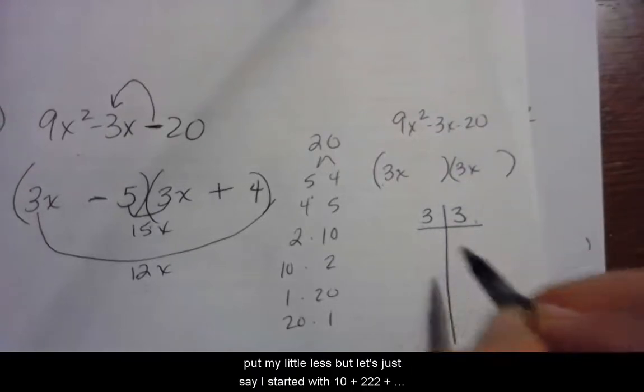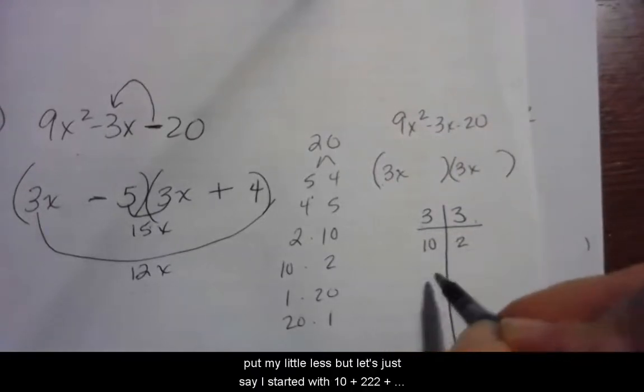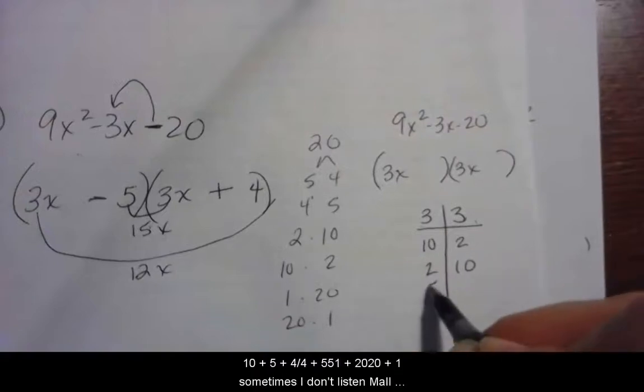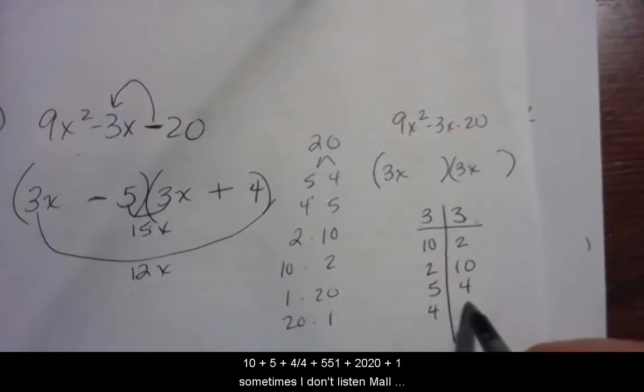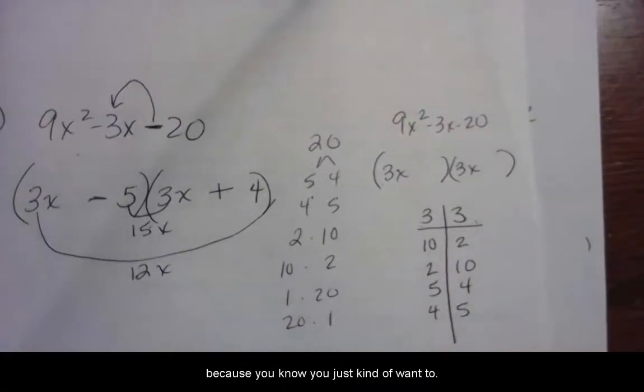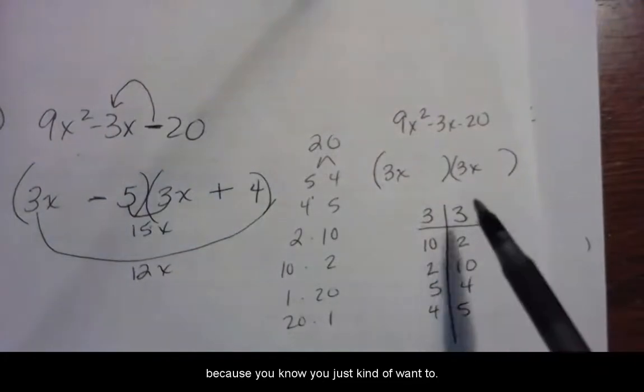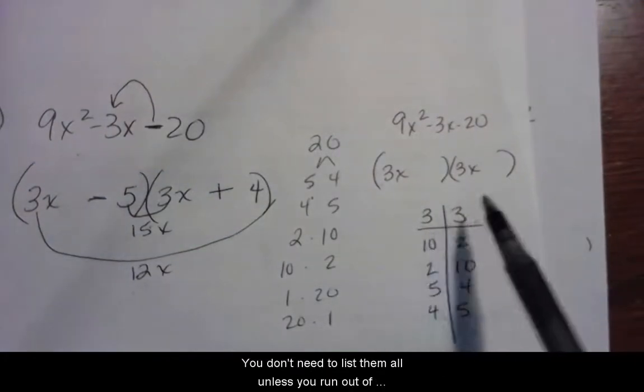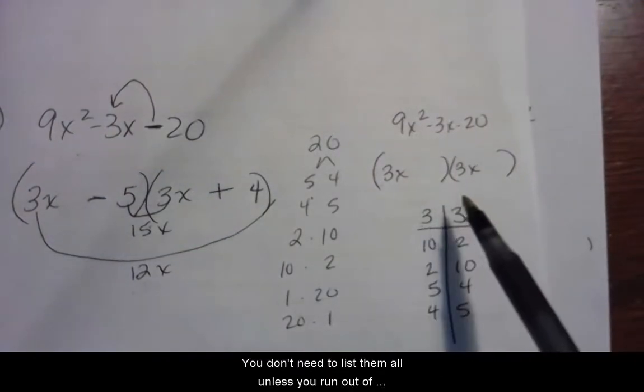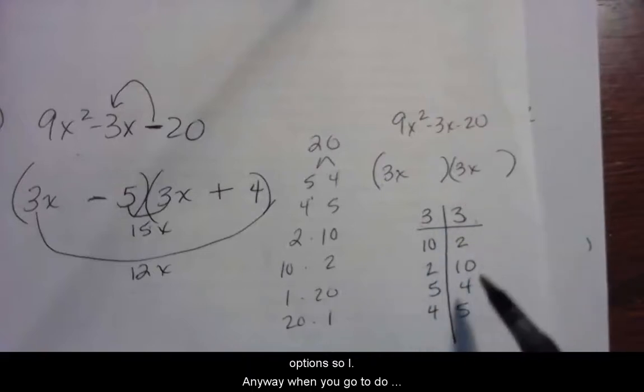So I'll put my little list, but let's just say I started with 10 and 2, 2 and 10, 5 and 4, 4 and 5, 1 and 20, 20 and 1. Sometimes I don't list them all, you don't need to list them all unless you run out of options.